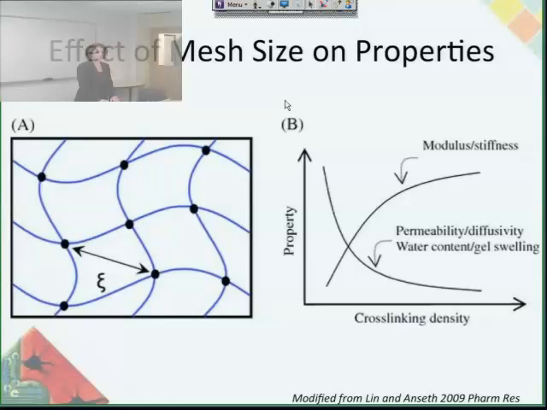Because you could calculate the molecular weight between cross-links from mechanical models, so you could do mechanical testing, but because it's so related to swelling properties, you can also do swelling experiments to relate them. And by swelling experiments, I mean you just take the hydrogel, put it in PBS or water or some other solvent, and see how much water it takes up. And that's really related to the molecular weight between cross-links through the following derivation.